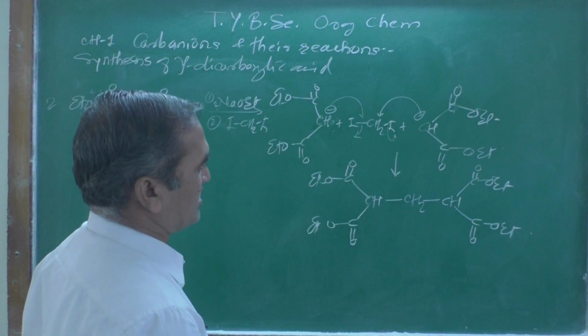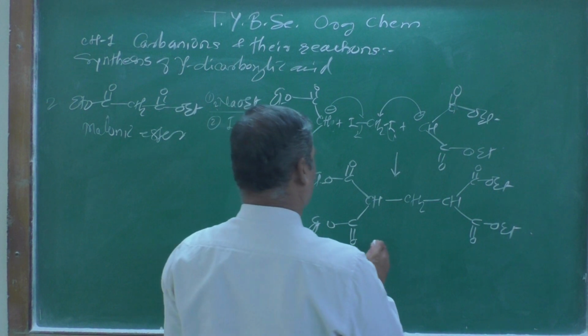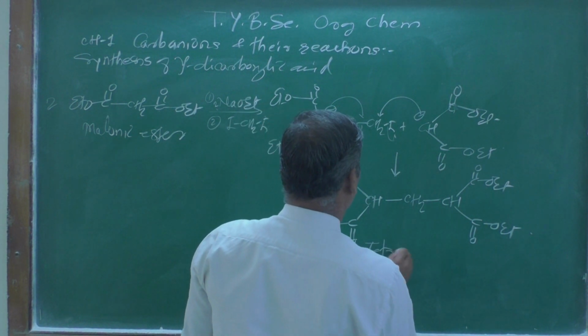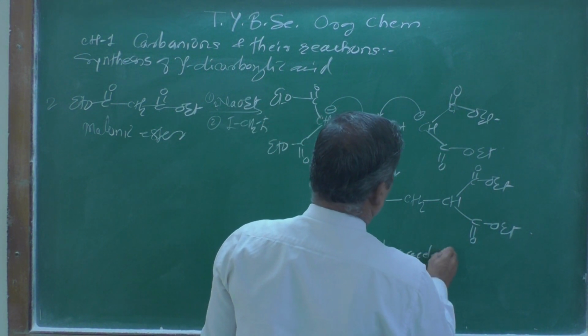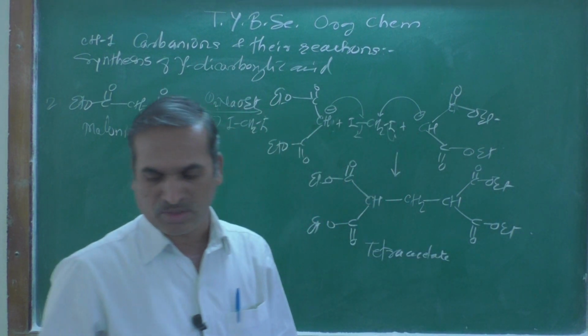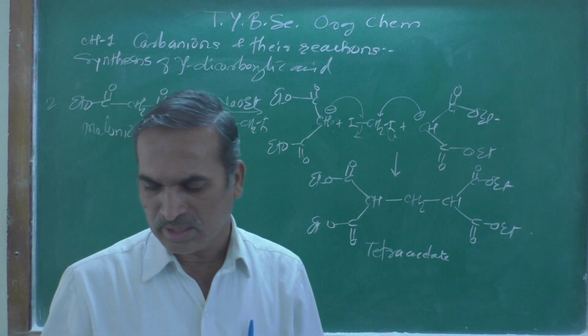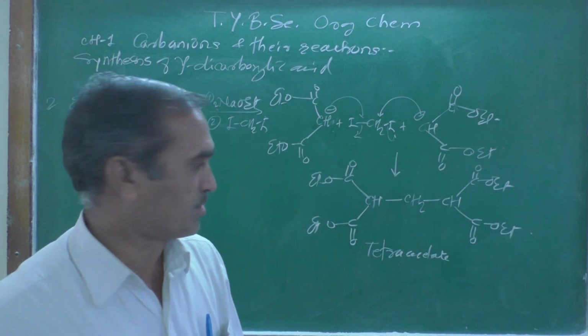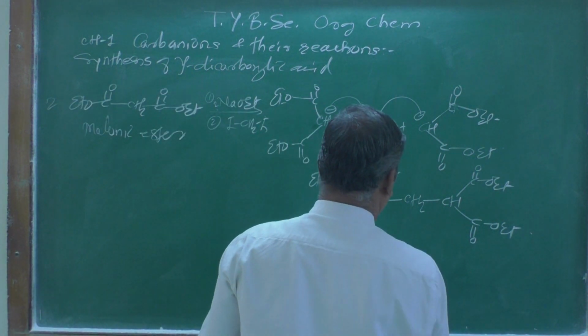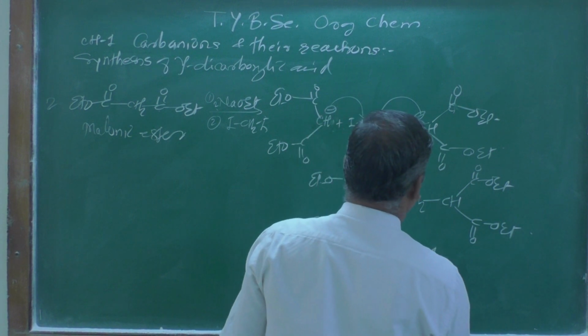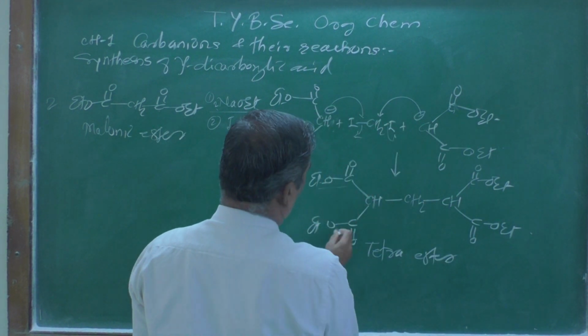That is called a tetraacetate ester. You can call it a tetraacetate, or a tetra ester, meaning 4 groups are there.